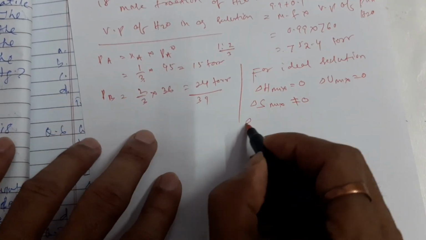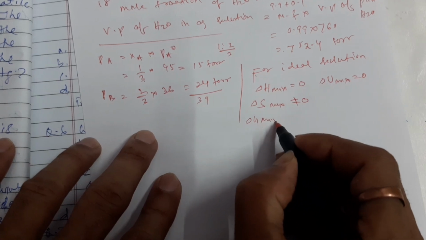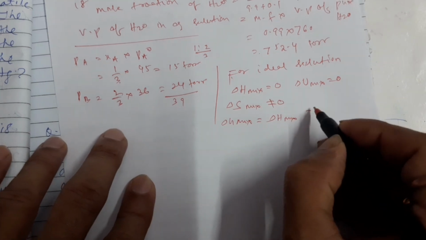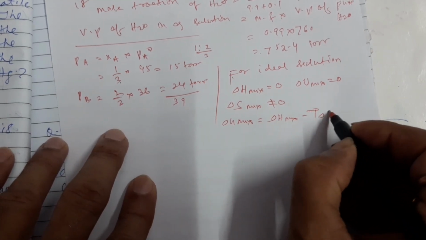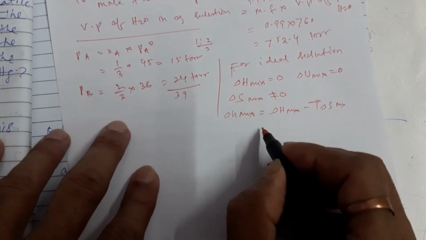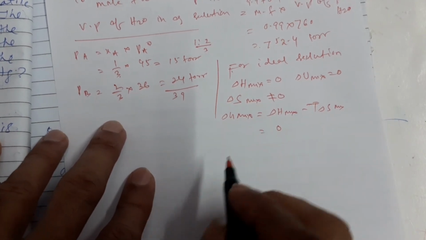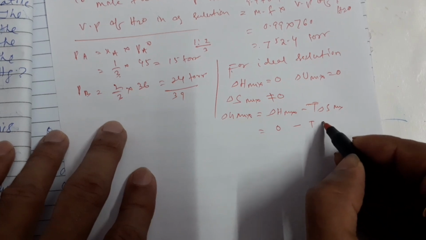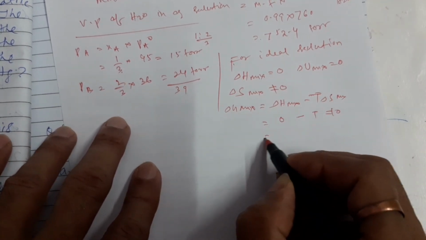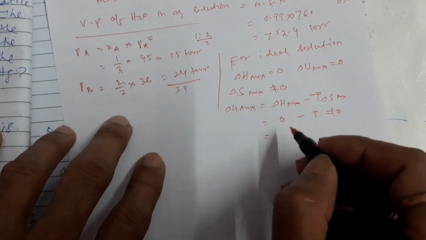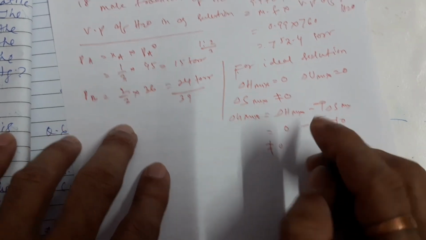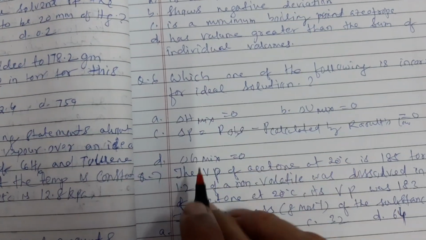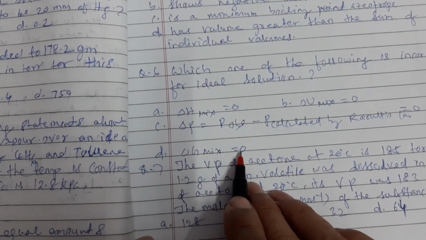So delta G of mixing is equal to delta H of mixing minus T delta S of mixing. So delta H is 0 and T delta S is not 0. So you will get delta G is not 0. So choice D is the incorrect one. Okay, choice D is the incorrect one.